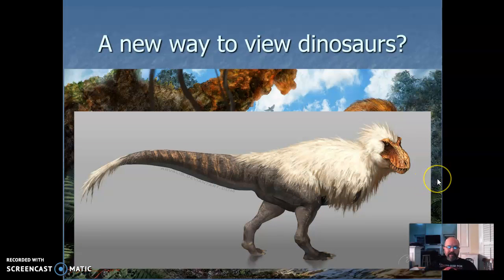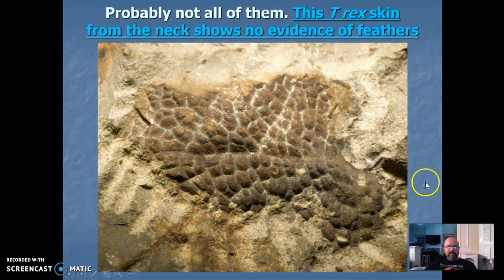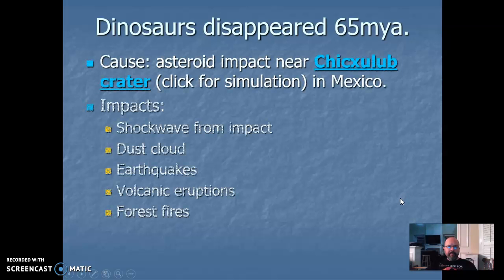That he may have looked more like a big chicken. Probably not. This is T-Rex skin preserved from the neck, and there's no evidence of feathers or feather attachment points. When we get into birds, we'll talk about feathers. Feathers are actually modified scales, so scales that have turned into part of their insulation.